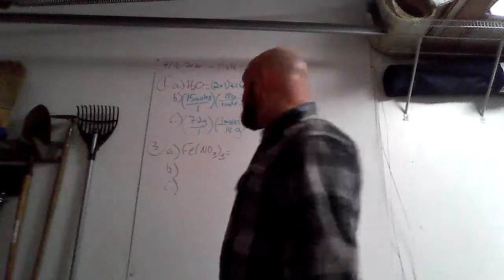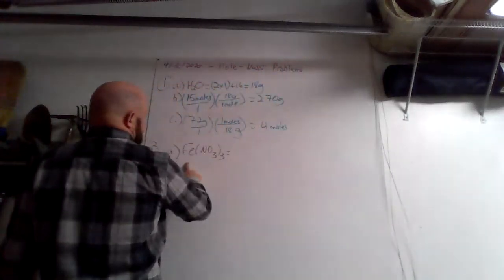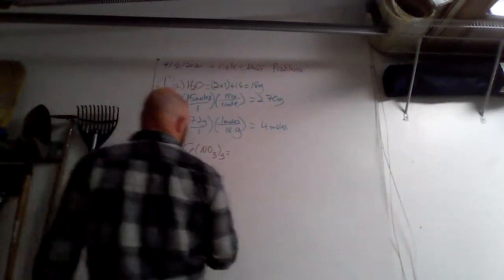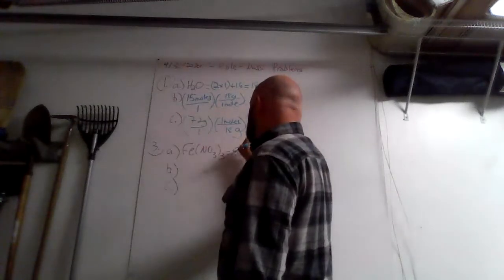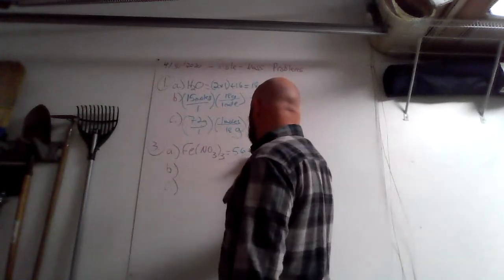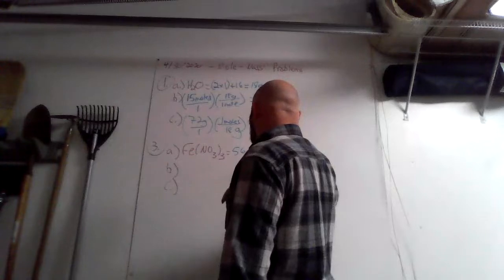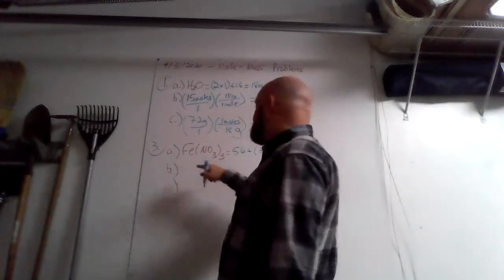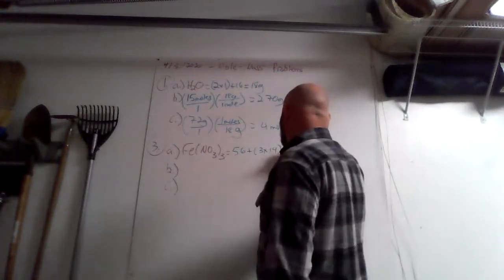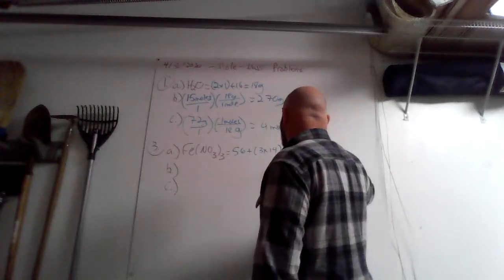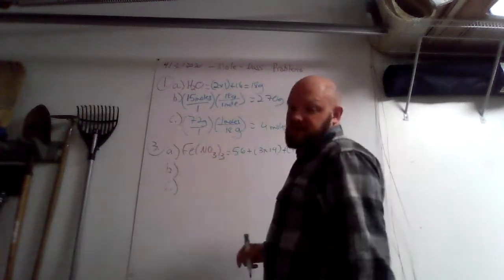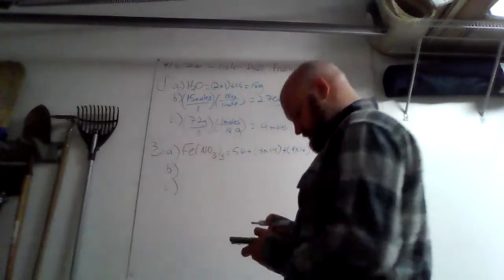Let's try one more. So I have iron 3 nitrate, which is Fe(NO3)3. Okay? So I'm going to have 56 from the iron plus 3 times 14, because the 3 distributes, but I have 3 N's. And I'm going to have 9 times 16, because 3 times 3, I have 9 there. So let's add that up.